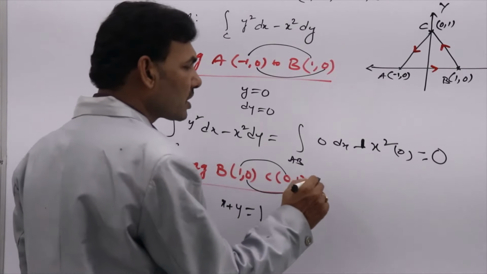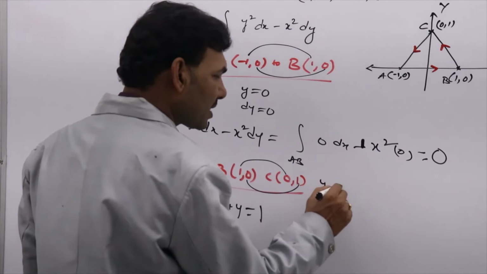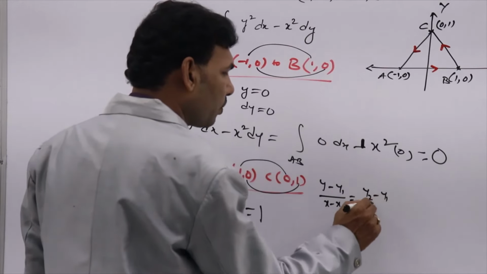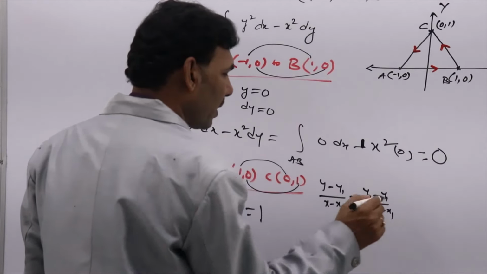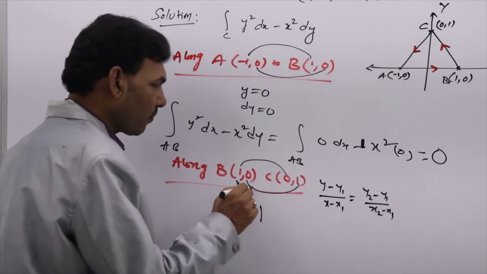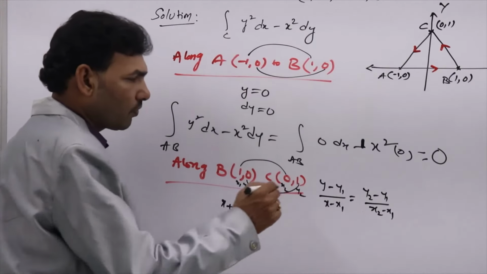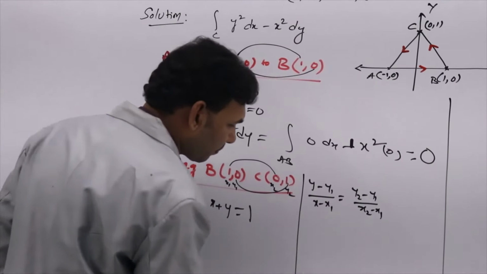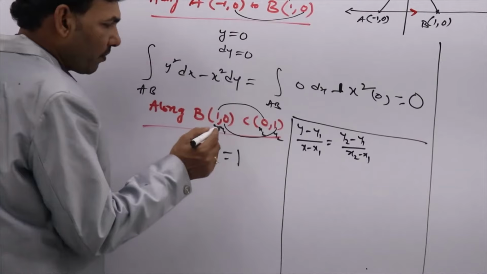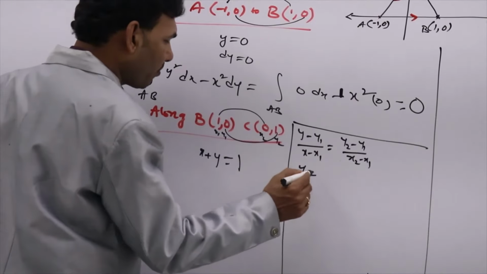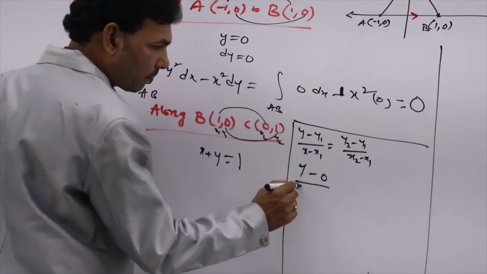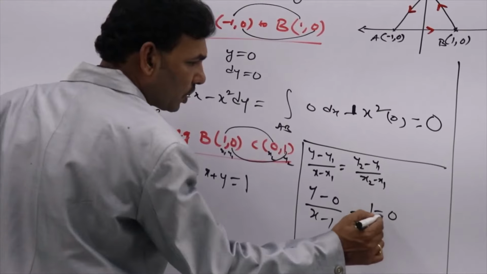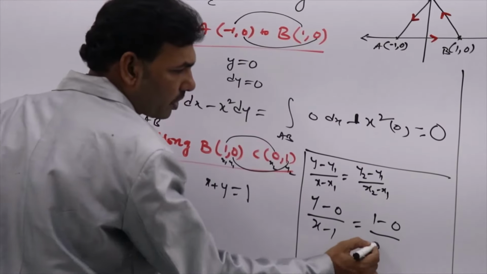Or you can use this formula: (y minus y1) by (x minus x1) equal to (y2 minus y1) by (x2 minus x1), where these are x1, y1 and x2, y2. If you use this formula, you will get the exact relation. Y1 you know, x1 you know. y minus 0, x minus 1 equal to 1 minus 0 by 0 minus 1.